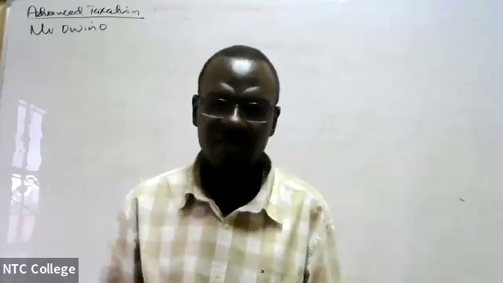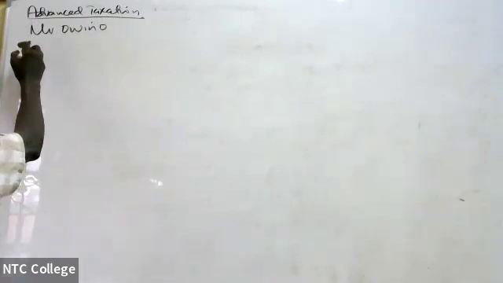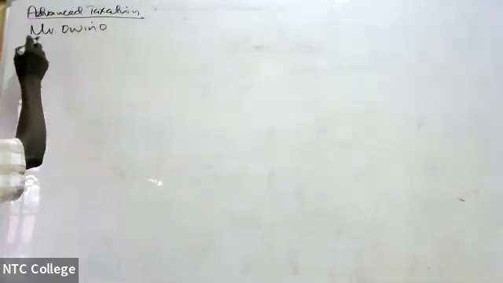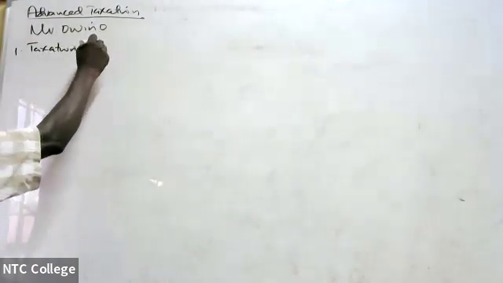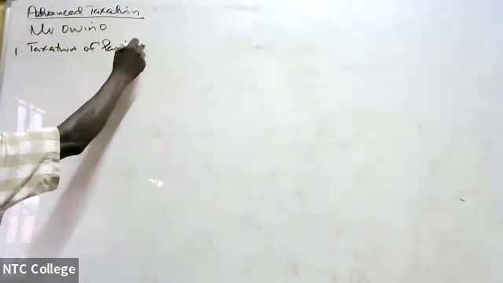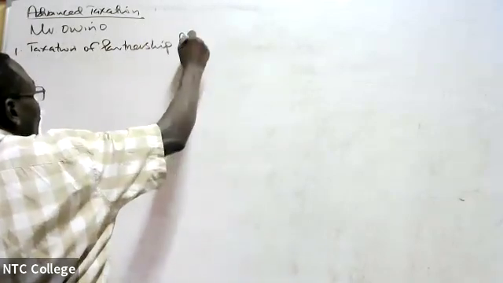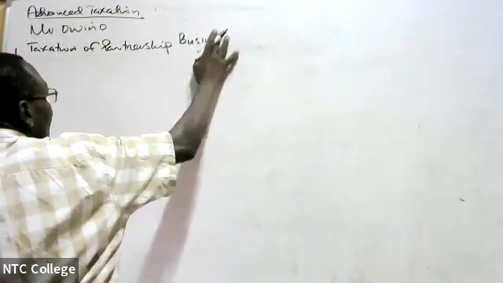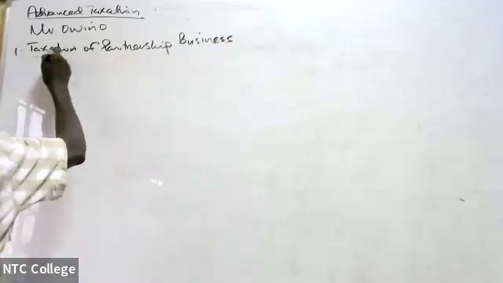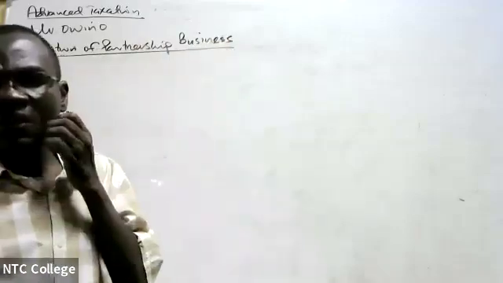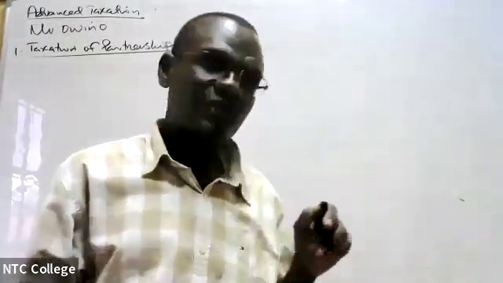Now, having said that, our first topic is called taxation of partnership. Topic number 1 is taxation of partnership. I'll give a summary of what we'll cover in this topic, and then we'll be able to start.